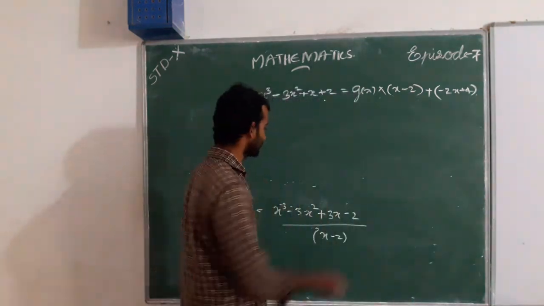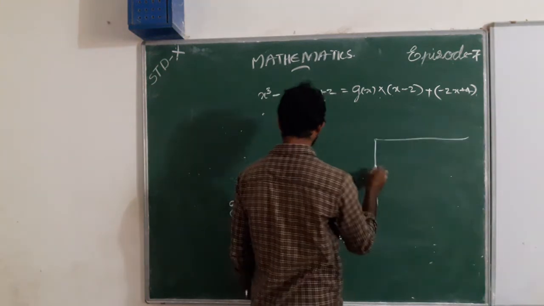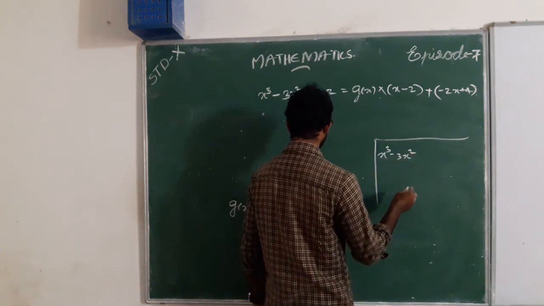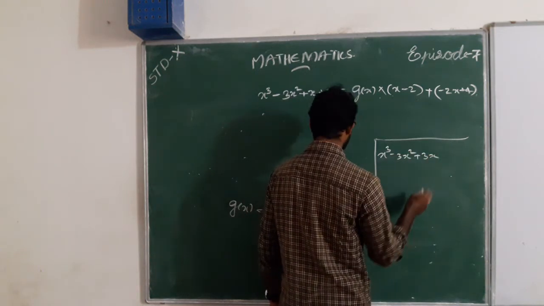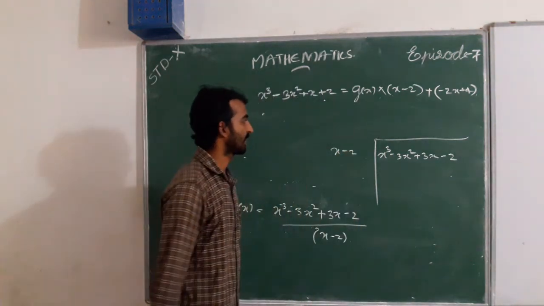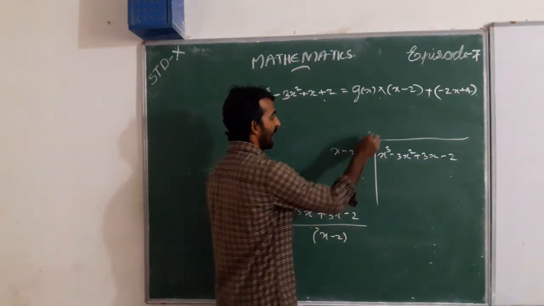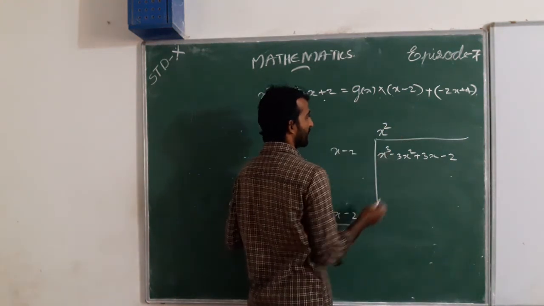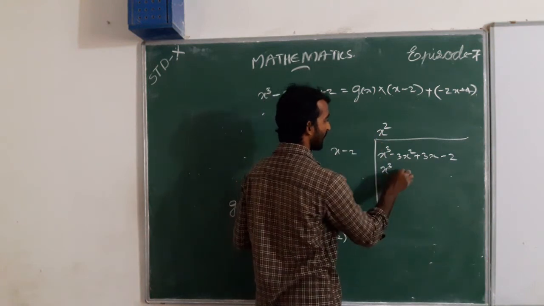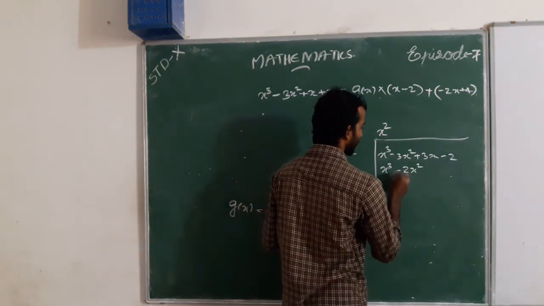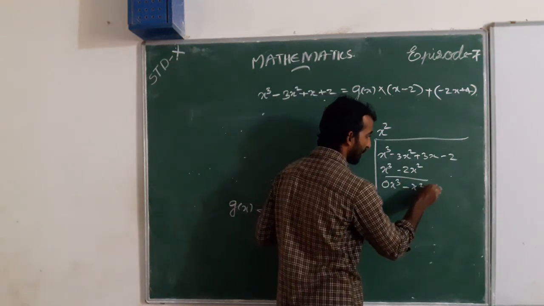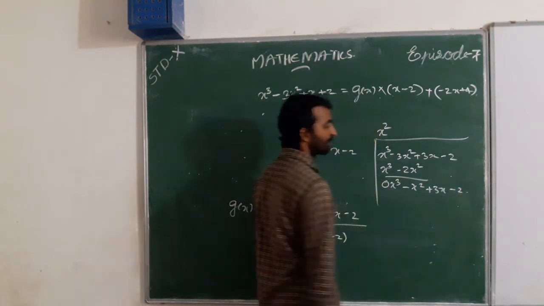For that, x cube minus 3x square plus 3x minus 2 divided by x minus 2. We get x square, x square into x we get x cube, x square into minus 2 we get minus 2x square, that is 0 x cube minus x square plus 3x minus 2.